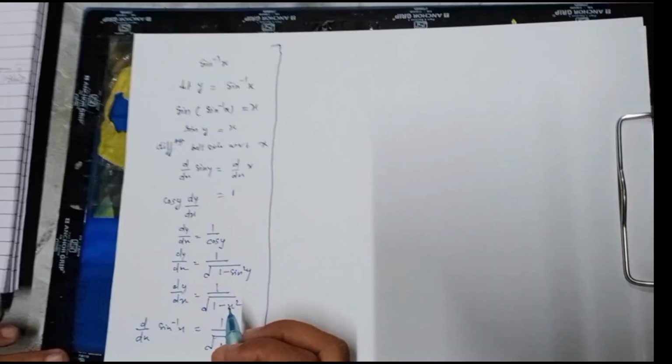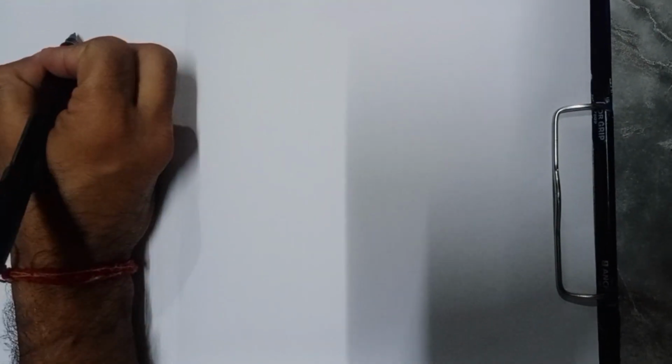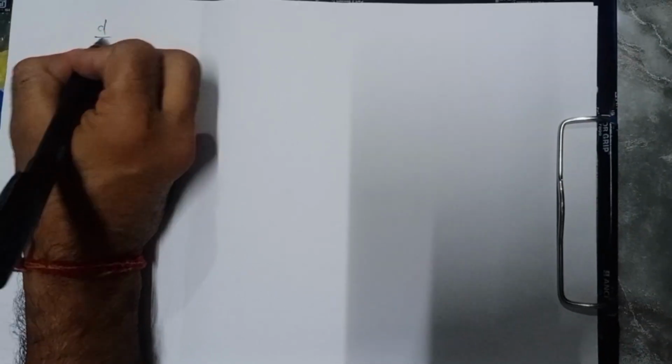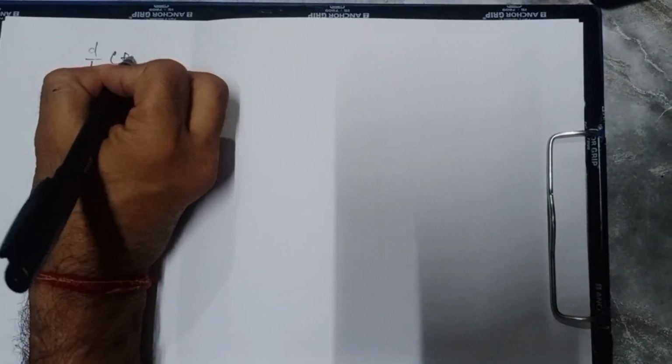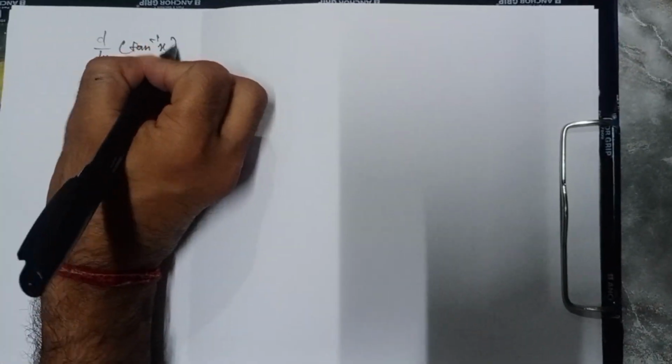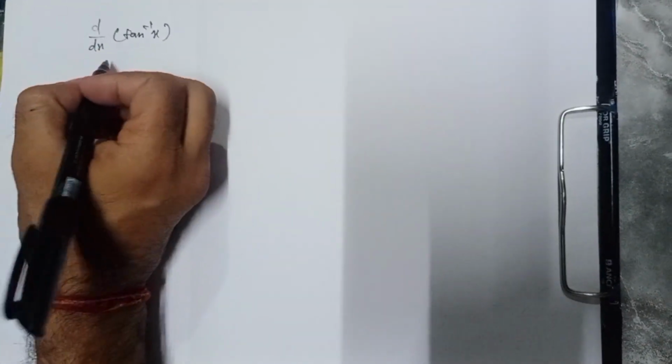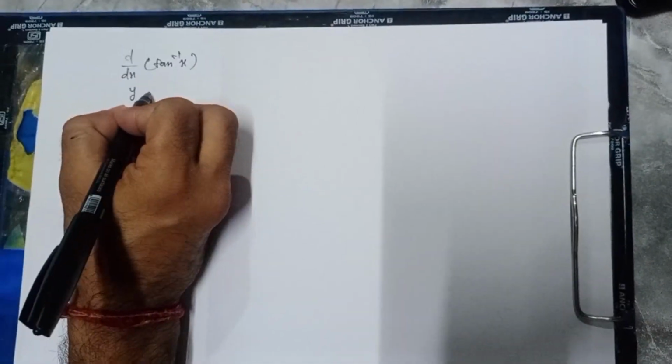In the next video, we'll deal with some other inverse trigonometric functions. Now, in this video, we'll try to solve d by dx of tan inverse x. These questions are very simple, but we need to take care of the method.